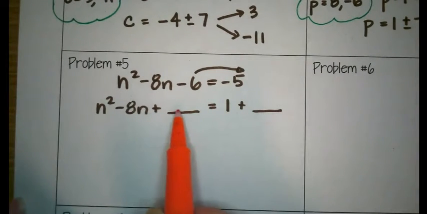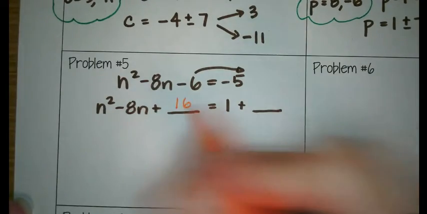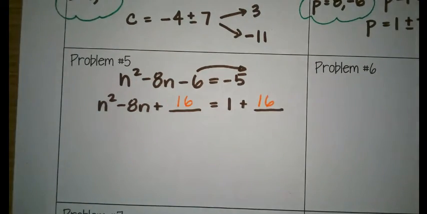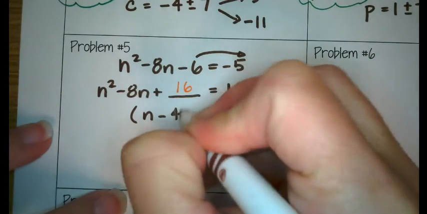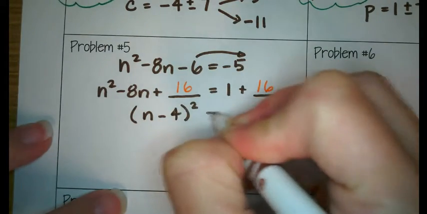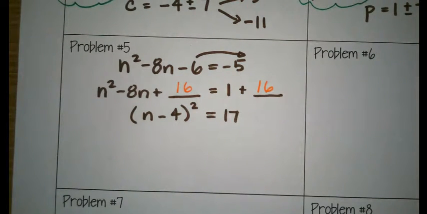All right, now I got to do the magic number. So half of this would be negative 4, squared would be 16. So on the left side, this factors to be n minus 4 squared. And on the right, I get 17.